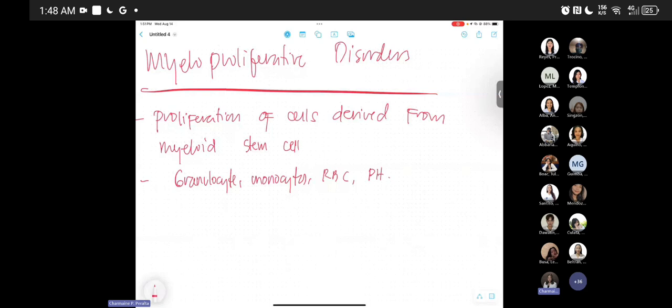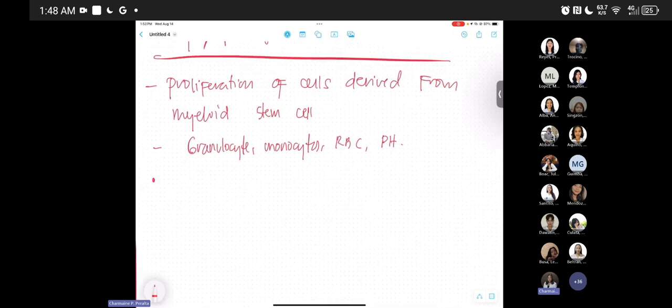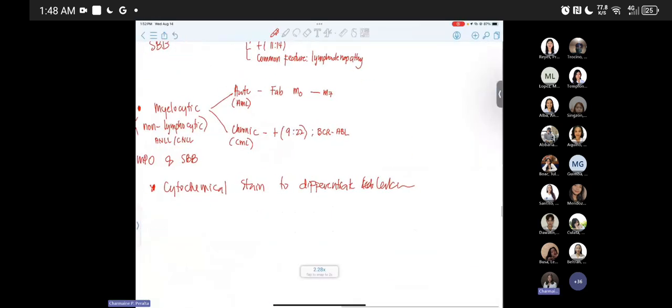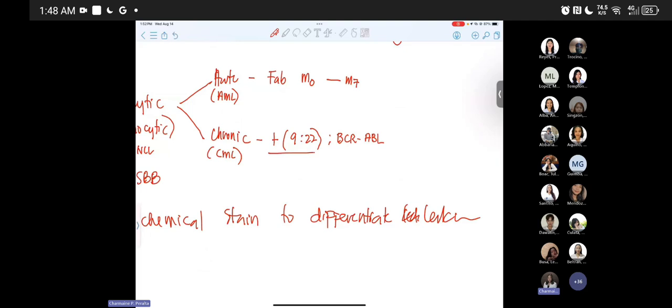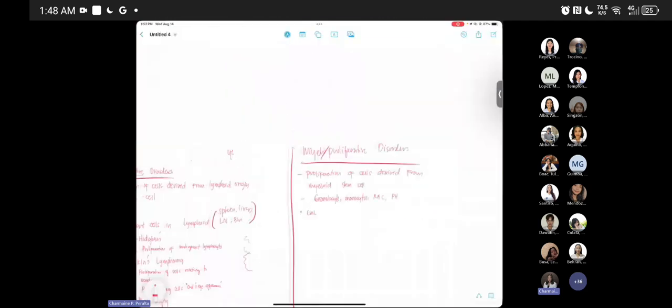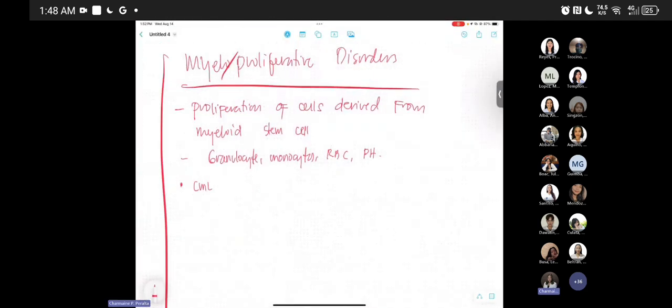Kaya nga, myeloproliferative disorders. So number one example is we have CML, chronic myelogenous leukemia. Ito, though wala naman masyado dito aside sa translocation of chromosome 9 and 22. So sa CML, merong translocation between chromosome 9 and 22.